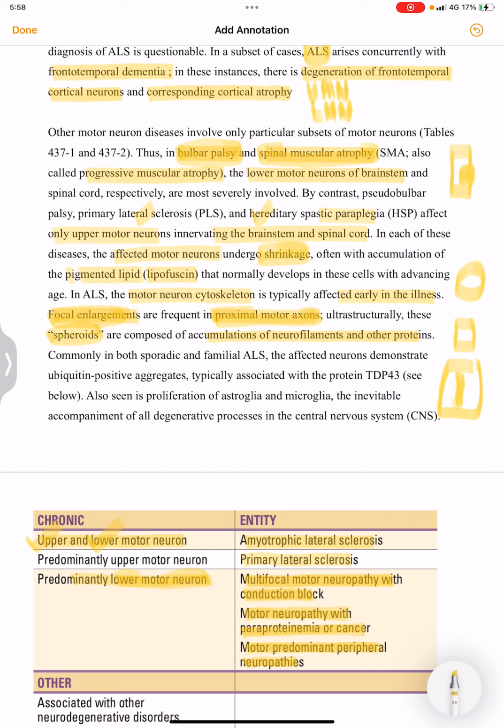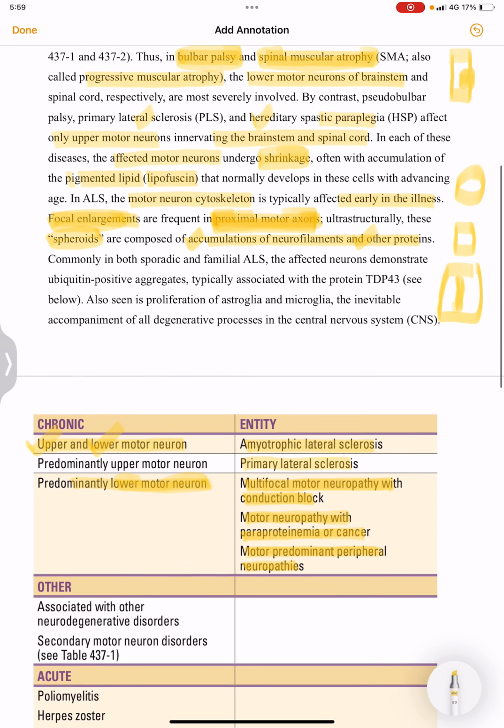So what does the spheroid contain? It contains accumulation of neurofilaments and other proteins. These focal enlargements are frequent in the proximal motor axons. Commonly, in both sporadic and familial ALS, the affected neurons demonstrate ubiquitin positive aggregates typically associated with the protein TDP43.